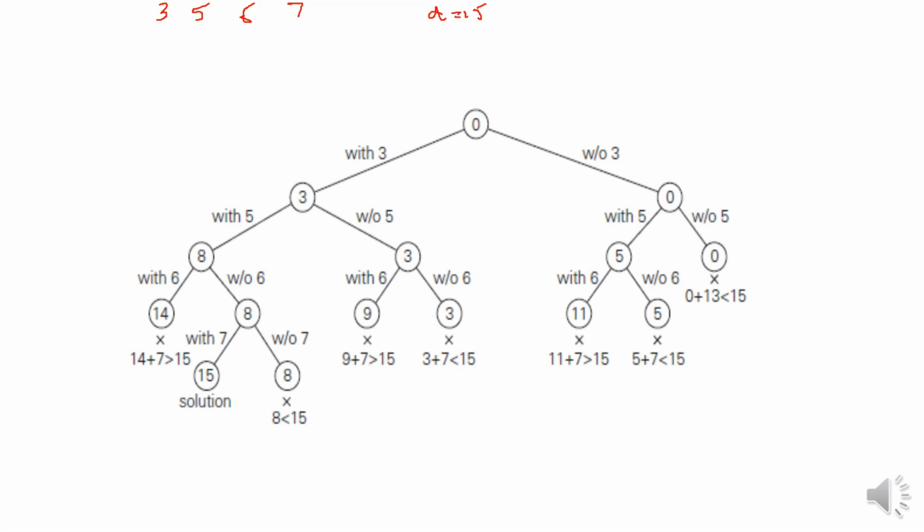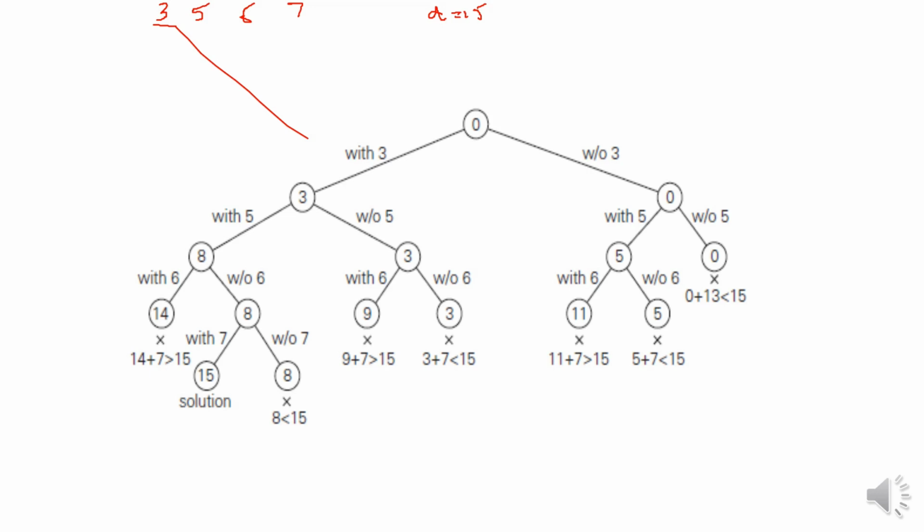Next, we try to generate the left child, wherein we include the first possible element, that is the value 3. So 0 plus 3 is 3. So this value in the next generated node is given as 3.